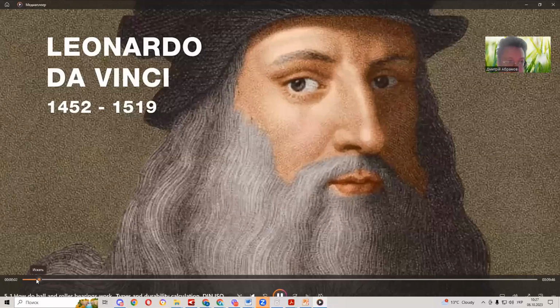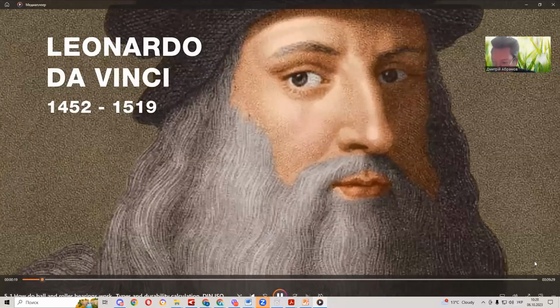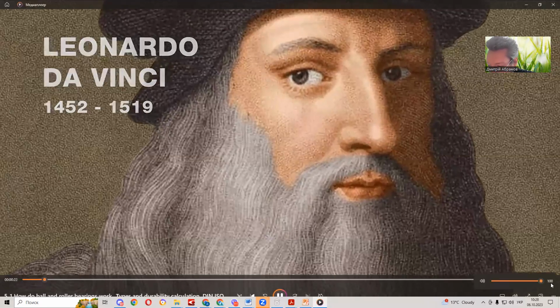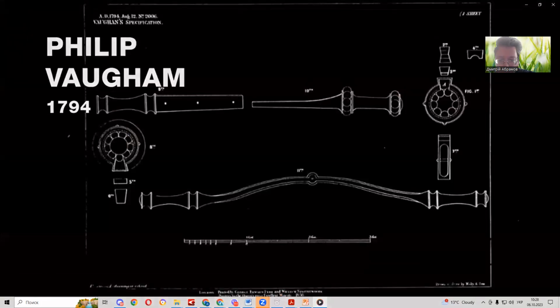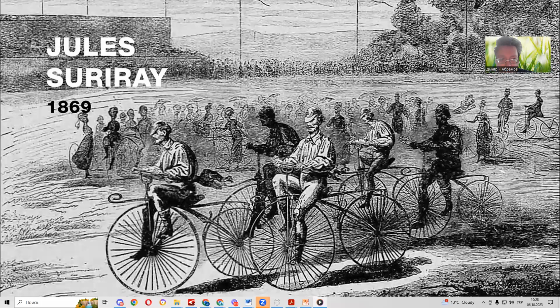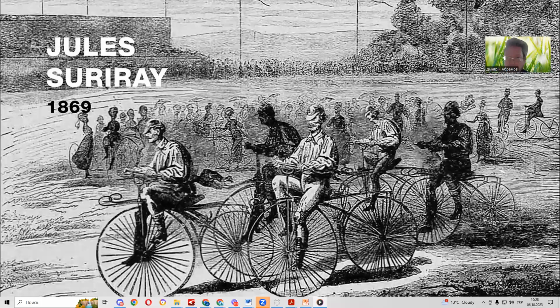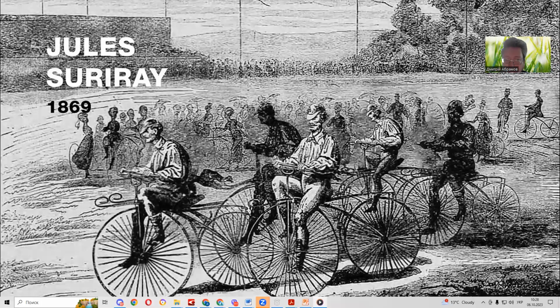How do ball and roller bearings work, types and durability calculation. From Leonardo da Vinci in his studies regarding friction, but the first patent was filed only in 1794 by Philip Vaughan of Carmarthen. Then, a Parisian bicycle mechanic named Jules Suriray was able to patent the first ball bearing on August 3rd, 1869.